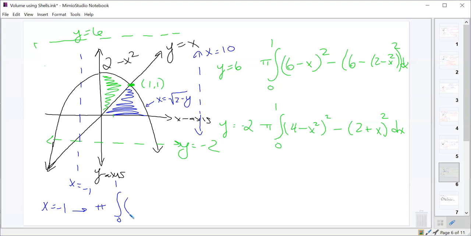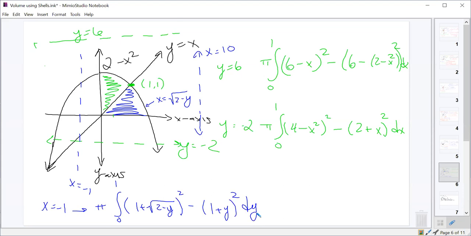So this should have been outer radius with the 1 plus root 2 minus y squared. And then the inner radius should just be 1 plus the other x value here, which is just 1. So 1 plus 1.